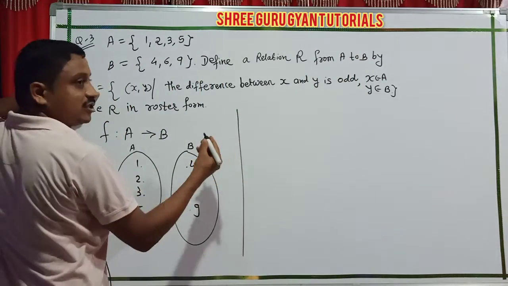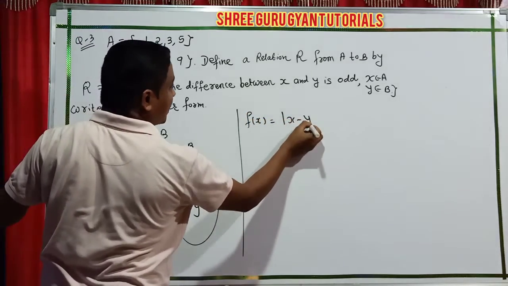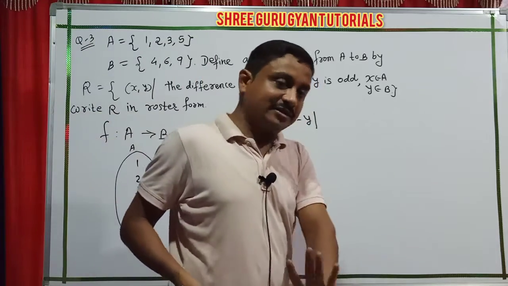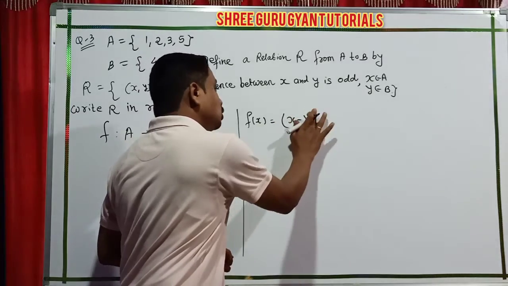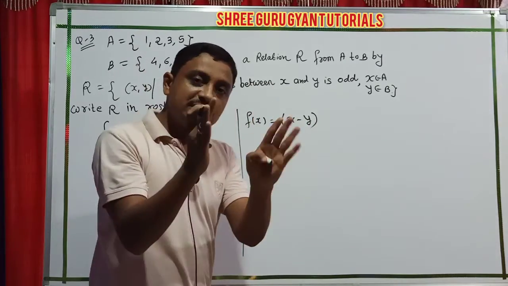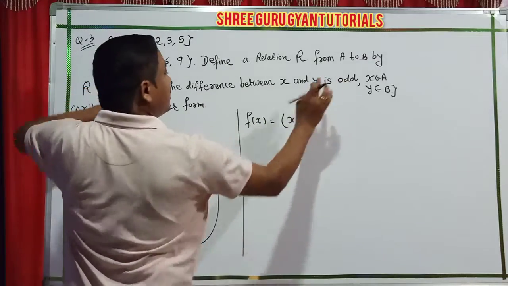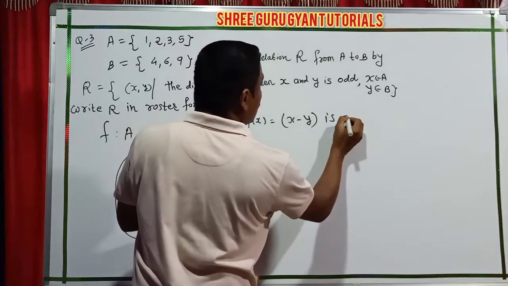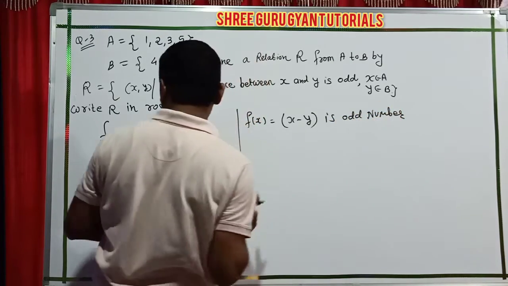So what is the relation? The difference between x and y, either x minus y or y minus x. That's why I am taking the modulus. If you don't put the modulus, it is also true, and if you put the modulus, it is also true. Check: the difference between x and y is an odd number. So x minus y is an odd number, that is my function.